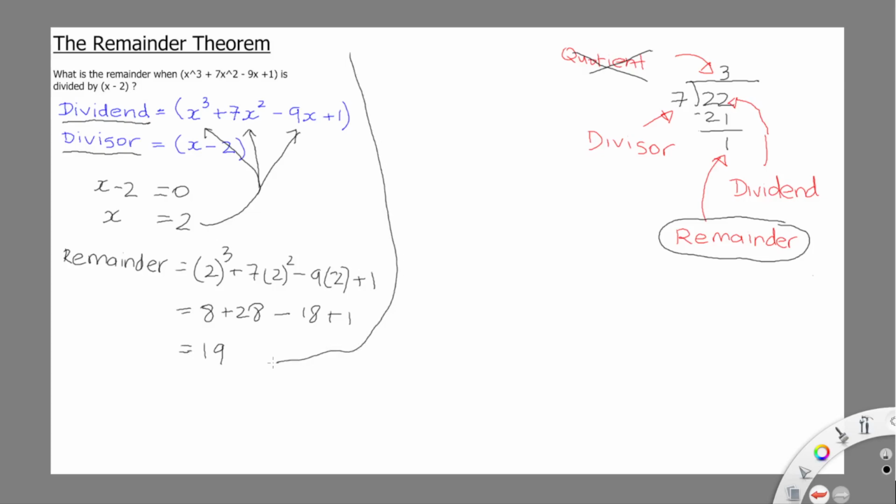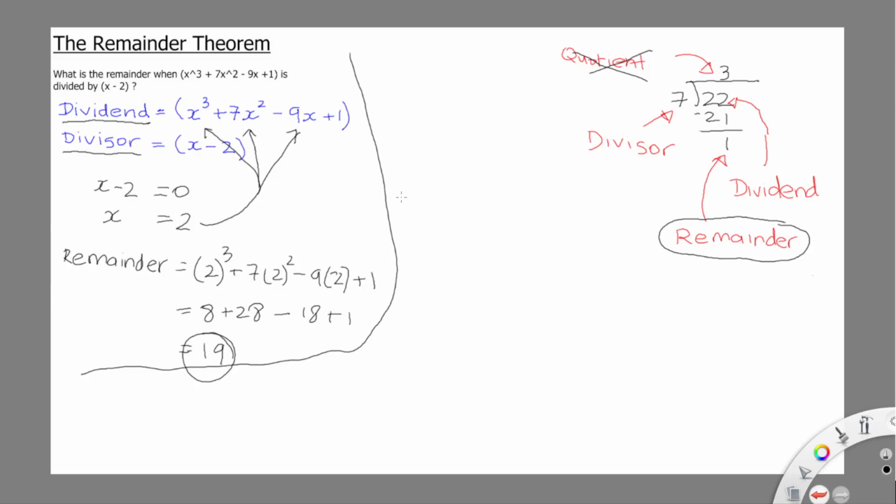Right, so that's a lot easier than having to actually divide this big dividend by the divisor. Now, just to check our work, let's actually go ahead and do the long division and see if the remainder is actually going to be 19, as we have predicted with the remainder theorem. So here we go.